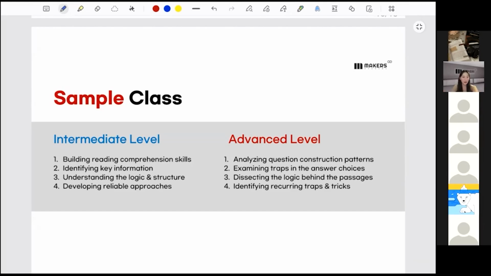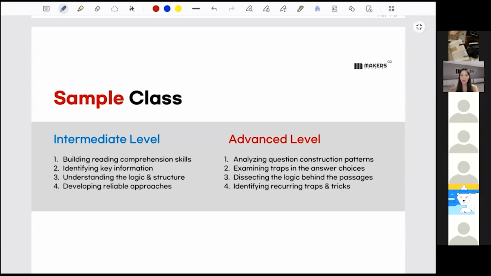So for intermediate level students, we focus on building reading comprehension, identifying key information, understanding passage logic, and developing reliable approaches to different questions, which is similar to what I've done in class today. And at advanced level, the focus really does shift.